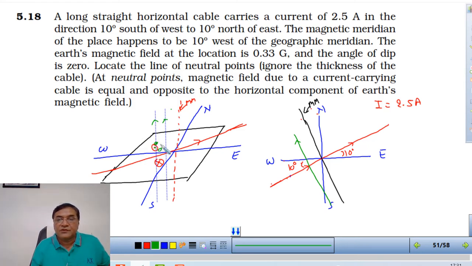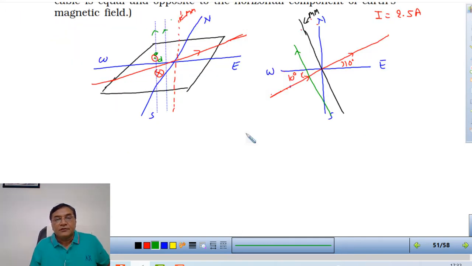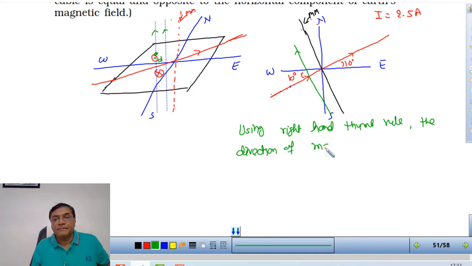Suppose this distance is d. This is the top view, so the point will be above the cable. Don't confuse. Using the right hand thumb rule, the direction of the magnetic field of the cable can be determined.